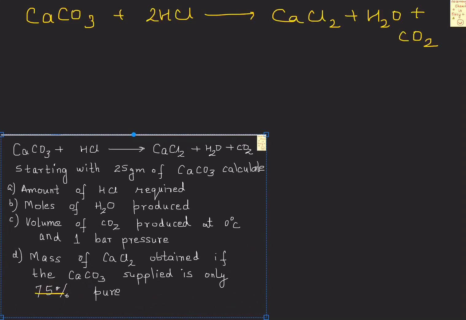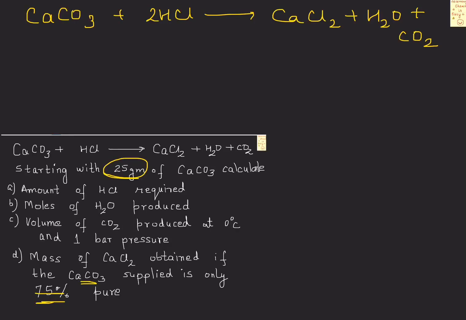So the question was, calculate the mass of CaCl2 obtained if the calcium carbonate, see, sometimes a supplier can give us a defective sample of the calcium carbonate and it is only found to be 75% pure. The mass of calcium carbonate that we started off with was 25 grams.